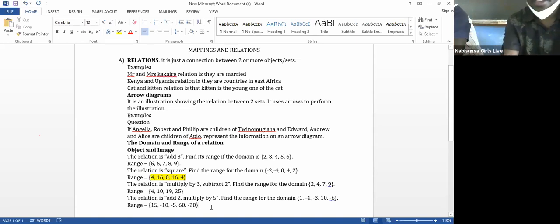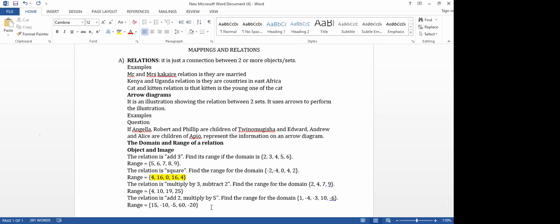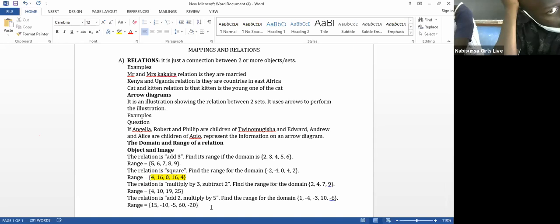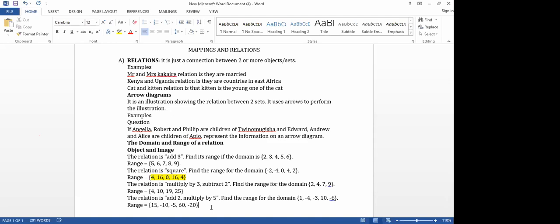Now I want us to try to get domain if the image is availed to you. You remember? Yes, Sibia. Teacher, you said we don't repeat the image in the range. I really don't get that part.